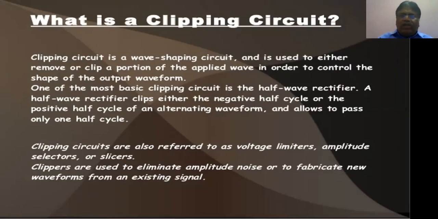A half-wave rectifier has many drawbacks, such as noise. Full-wave also has some noise, and the bridge rectifier also has some noise. That noise is removed with the help of clipping and clamping circuits. That is the main objective of clipping and clamping circuits.